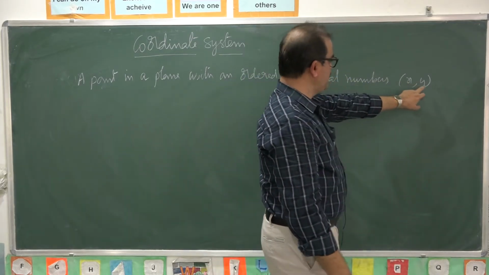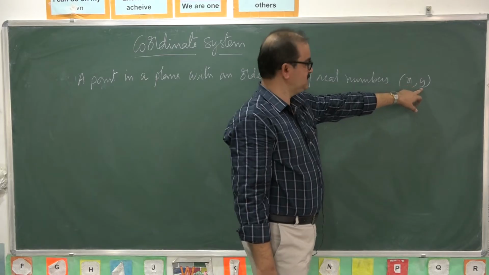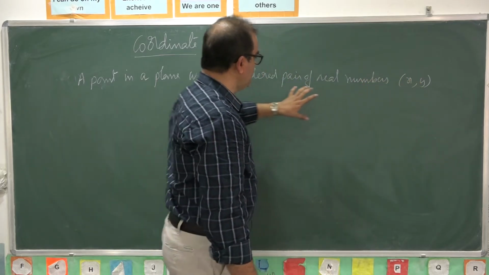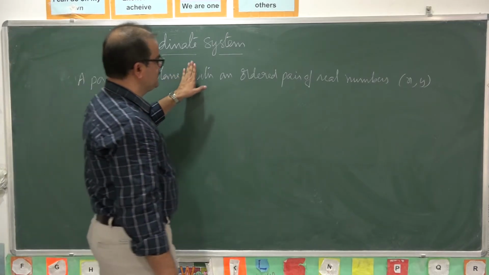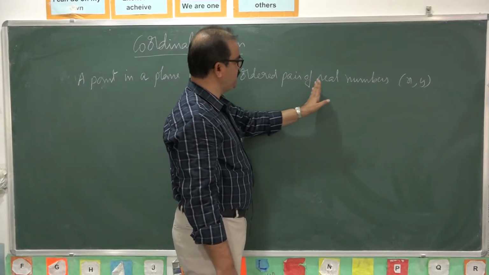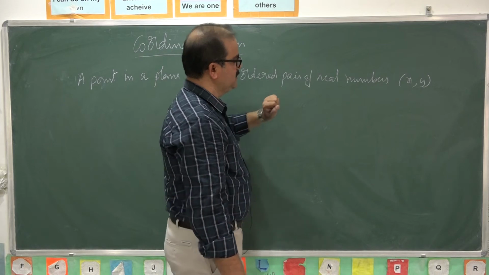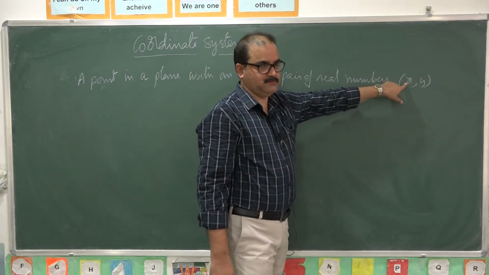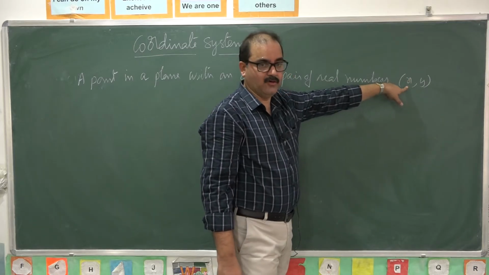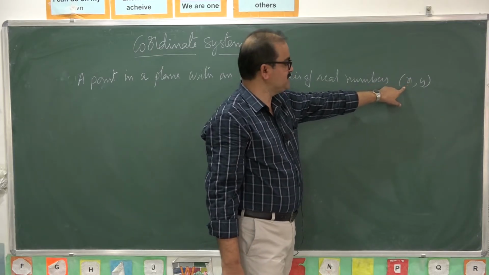It is an ordered pair of two real numbers x and y. It is called a point in the plane. Now in this, the first element x is called x coordinate or abscissa.